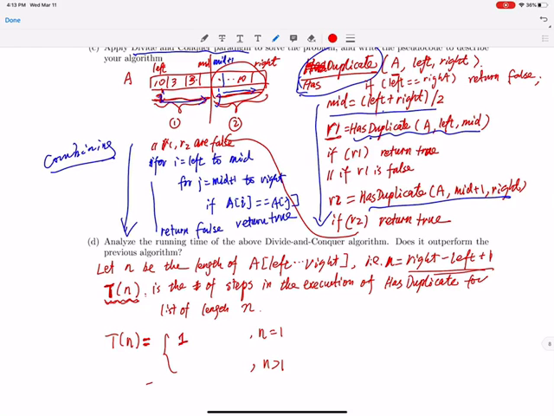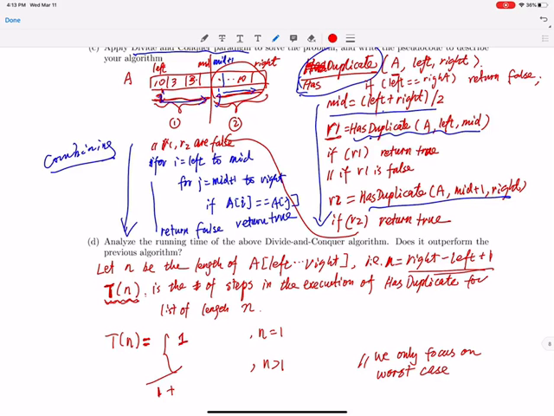So we have one step to find the middle point. And for now, let's make it clear that we only focus on worst case performance.